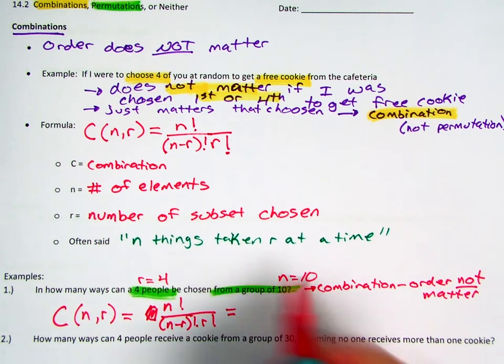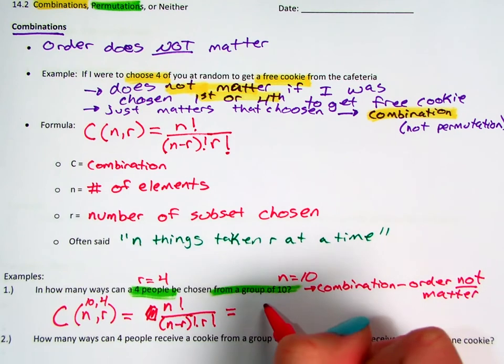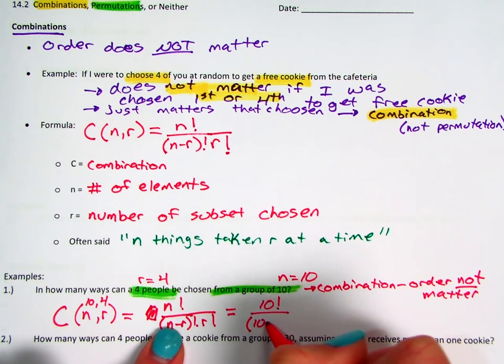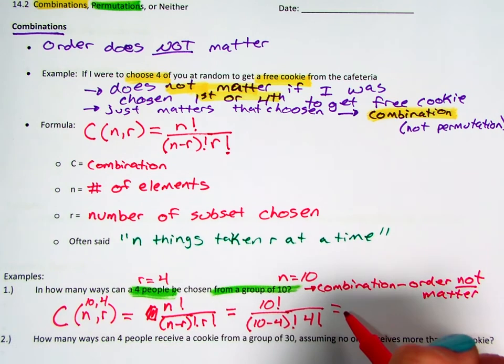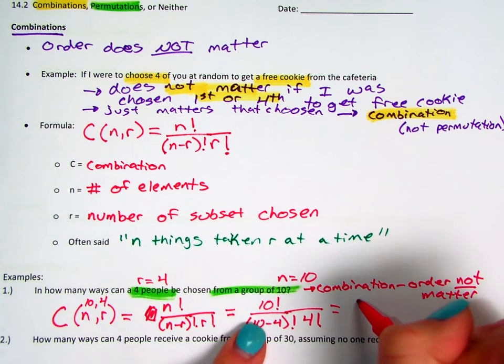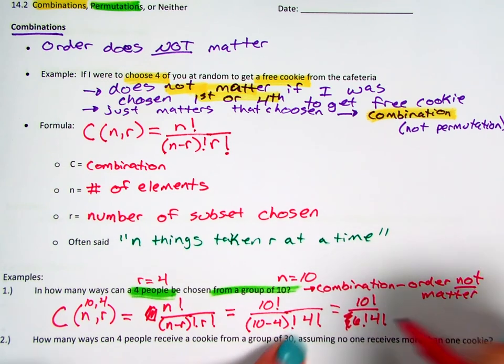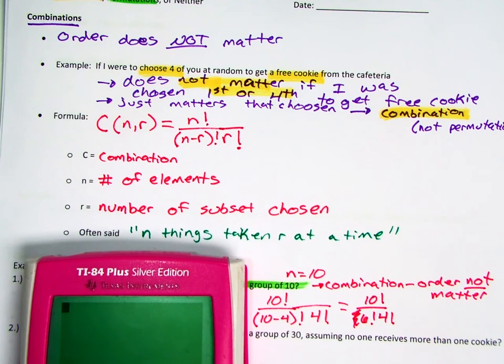So in this case, my n is 10 and my r is 4. It'd be 10 factorial over 10 minus 4 factorial times 4 factorial. Now I would simplify that before I put it in my calculator to be 10 factorial over 6 factorial times 4 factorial.